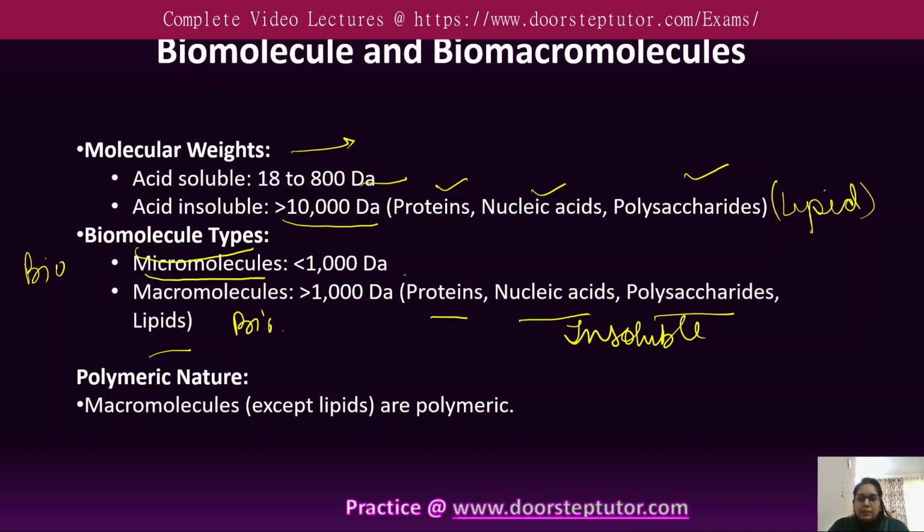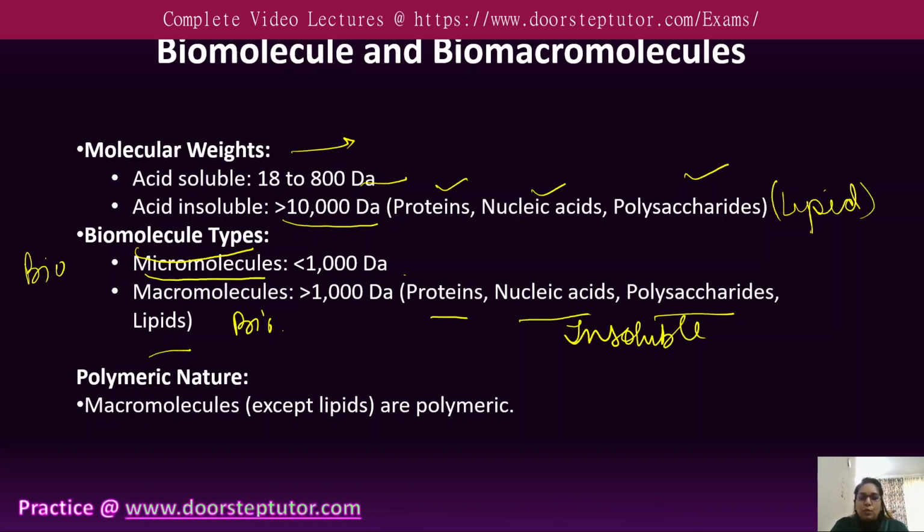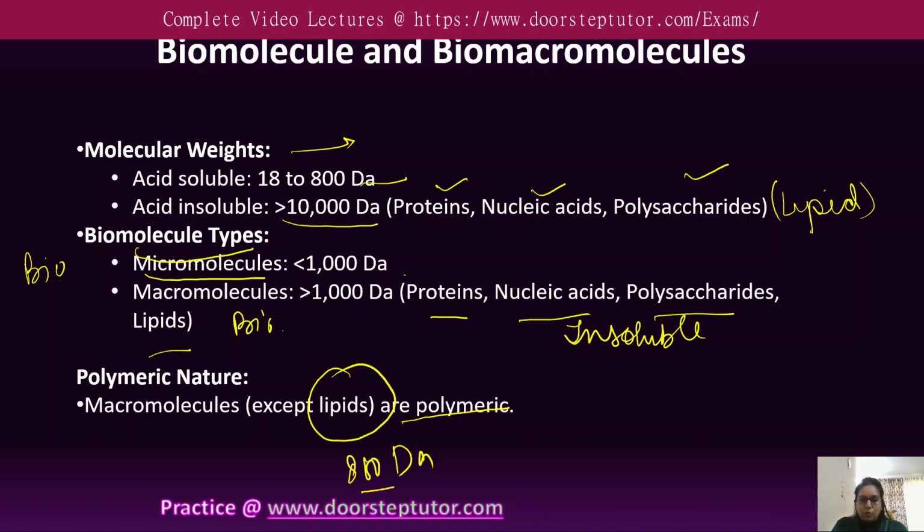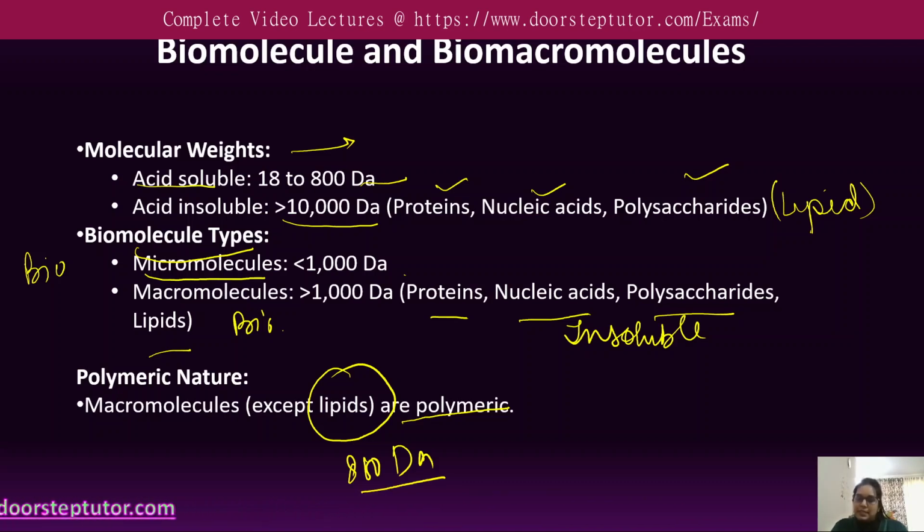They are of polymeric nature, because the macromolecules found in the acid insoluble fraction are polymeric substances, except the lipid. Why are lipids exceptional? Because lipids have a molecular weight below 800 daltons, so they should be found in the acid soluble fraction, but that is not the case.